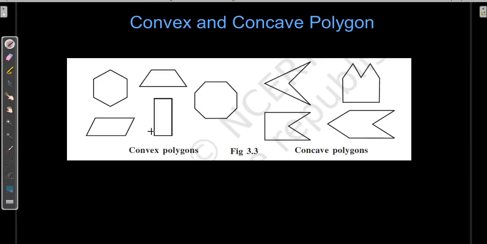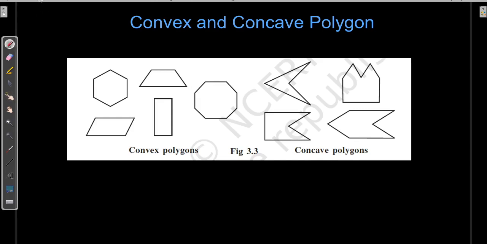Now there are two types of polygon. One is the convex polygon and the other is the concave polygon. What is the difference between them? Both are closed figures, which is why these are polygons. But in a convex polygon, every interior angle is less than 180 degrees. While if any one interior angle is greater than 180 degrees, then it becomes a concave polygon.